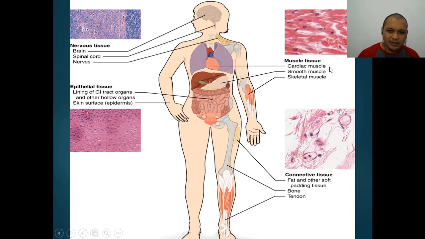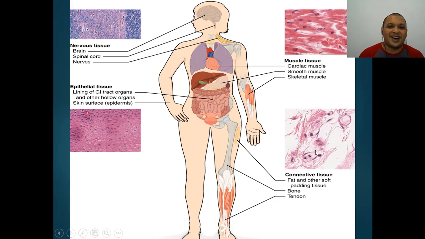Right, so now we will go to the last tissue, which is connective tissue. In terms of types, this is the tissue with the most types. Let's see some examples. Fat is a type of connective tissue, bone is also connective tissue, and tendon is also connective tissue.